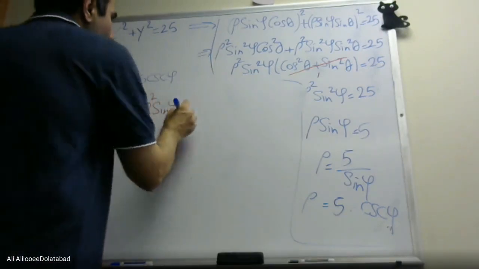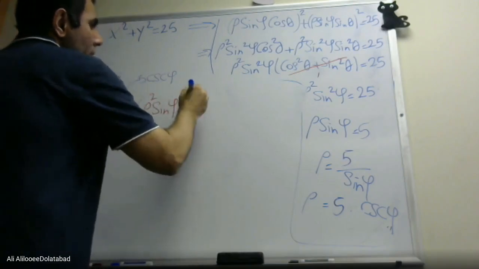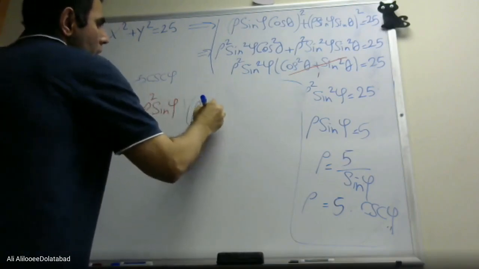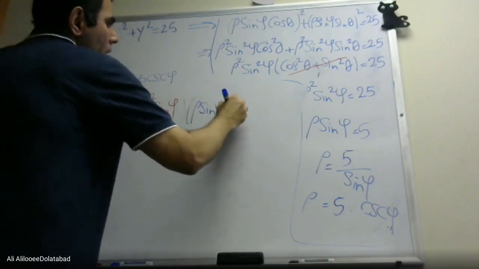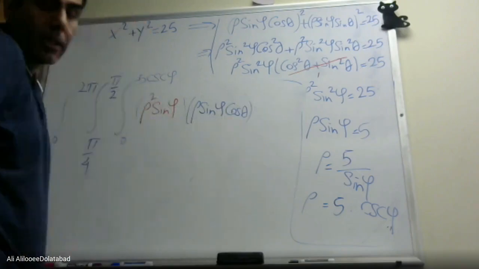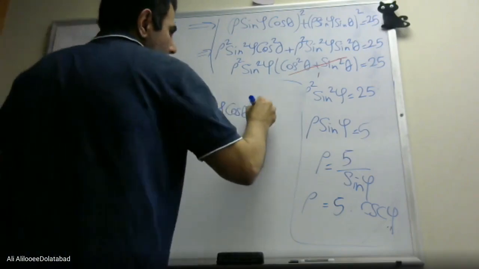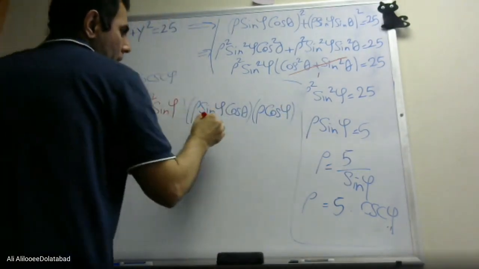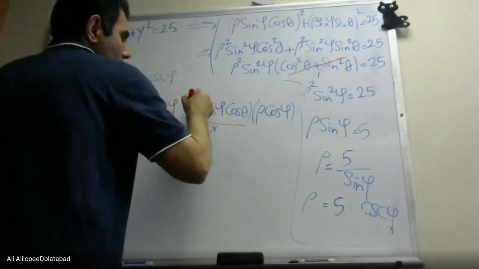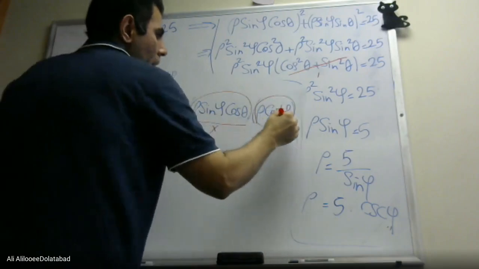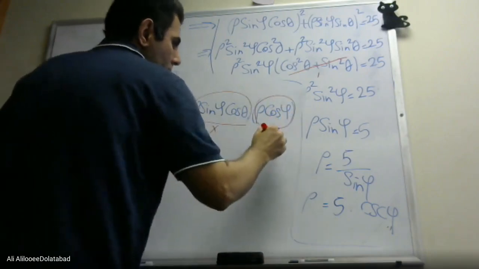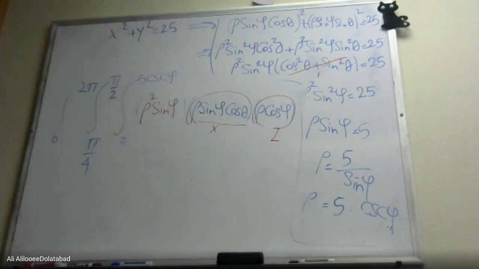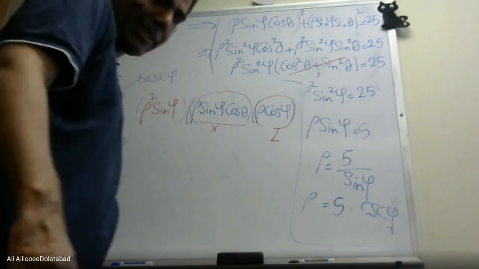We have x times z. What is x? x is rho sine phi cos theta. And z is rho cos phi. Using the formulas that we had yesterday.